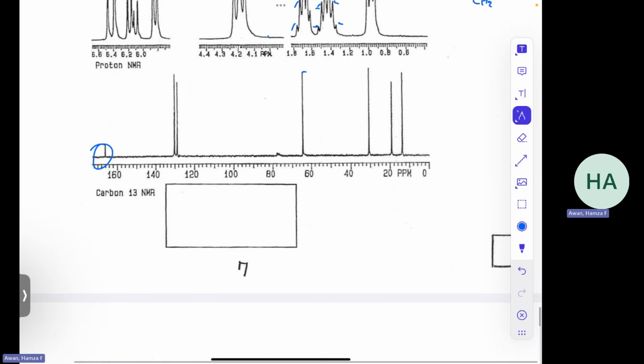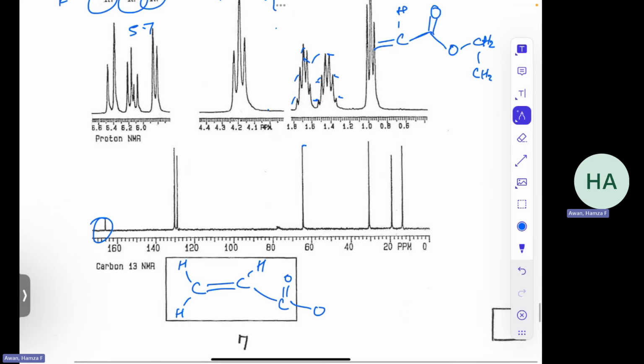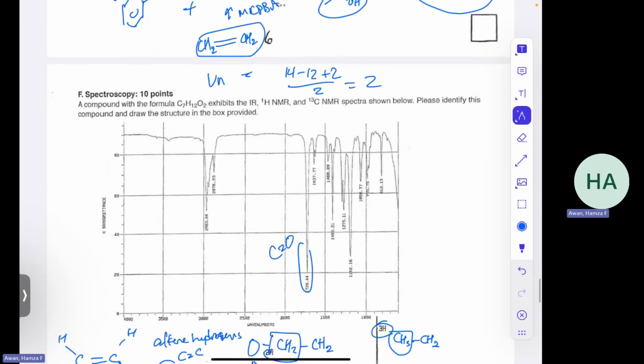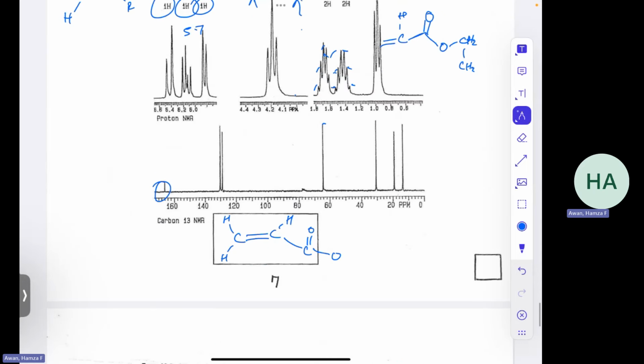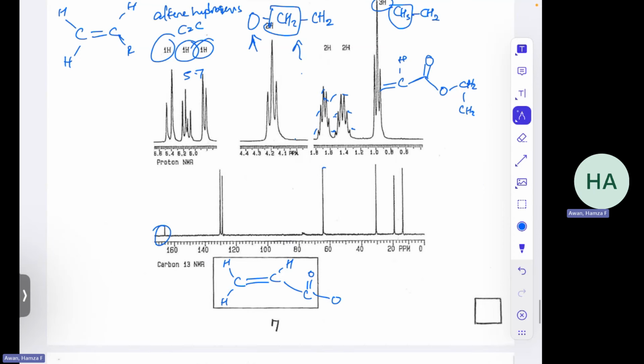So if we go for our final product, we have our 2, and then we have our carbon, which is bonded to the ester, and then we know that we have a 7 carbon chain. Right now we only have 3 carbons, so we need 4 more carbons to come off of this oxygen.